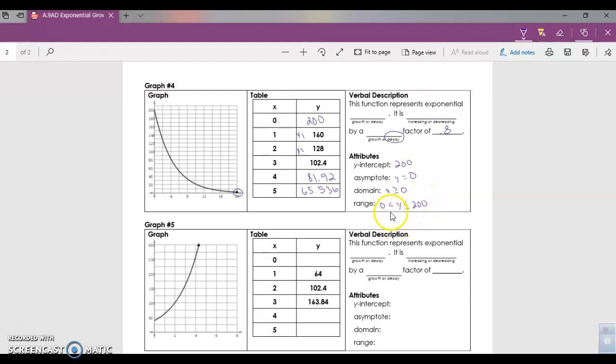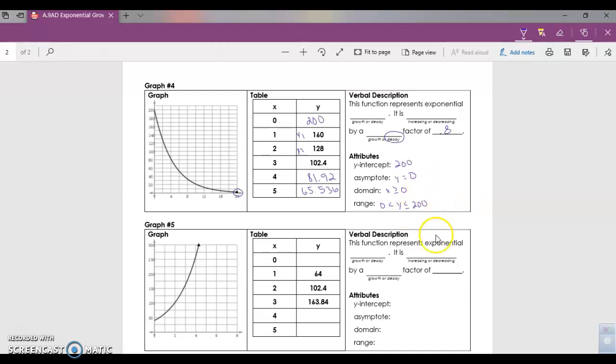Now notice here, I didn't put less than or equal to because we can't equal 0. But I did put equal to here because we did start out at 200. That was our starting point. So just pay attention to those types of things. We can never equal the asymptote. We should equal the starting point, unless you see an open circle there, which I don't think we're going to give you.